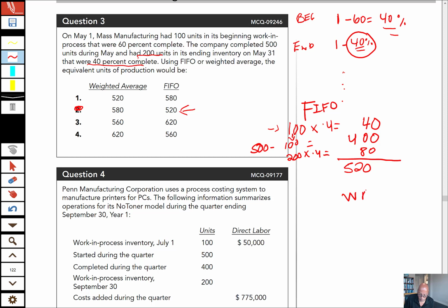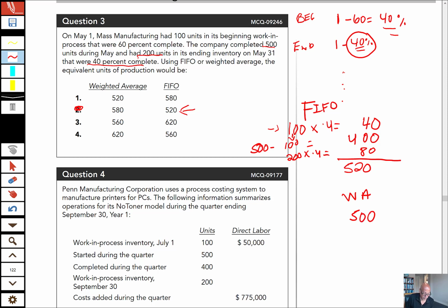Okay, so now when we do the weighted average method, we're going to assume that we did all of the work on the beginning inventory in this period. And so they tell me that they completed 500. Yeah, I know that 100 were already in progress, but I don't care. I give myself credit for all 500 of that as done this period.